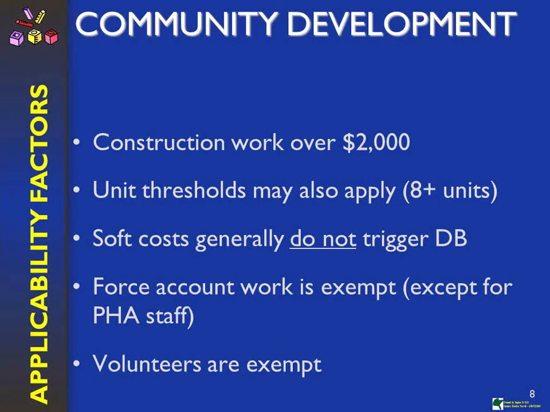Versus the other scenario that you mentioned, where there are scattered sites, and they're all over the place, but there's one contract, and it's over 8, then that's a different application. So you have to look at where the construction contract is. Always keep in mind where is the construction contract and who it's with. Okay.